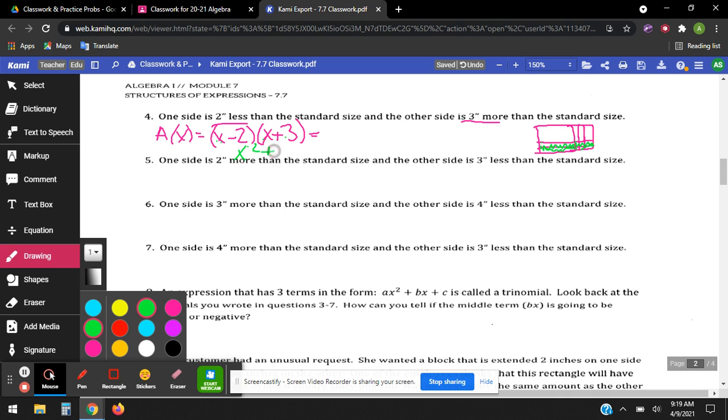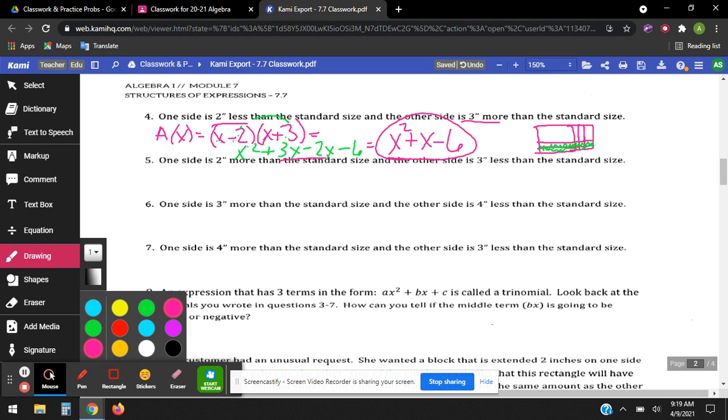Now I'm going to do plus 3x minus 2x, and then I'm going to combine those. Negative 2 times 3 is a negative 6. So when I put this all together, I end up with x squared, 3x's minus 2x's is 1x, minus 6. There's that one's equation on there.